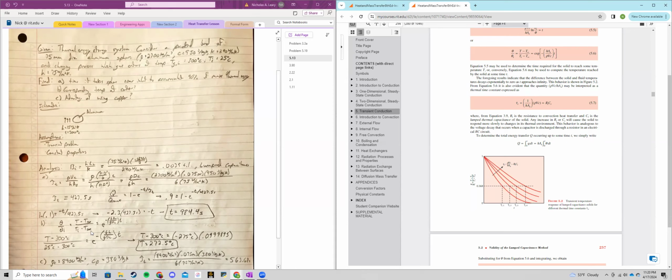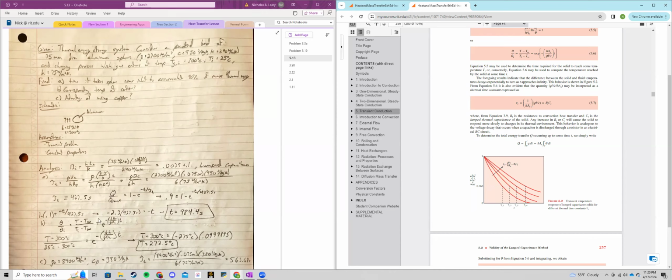So T minus T infinity, or T ambient, over Ti minus T infinity. And that's equal to E to the negative 1 over our thermal constant times T, as stated before.